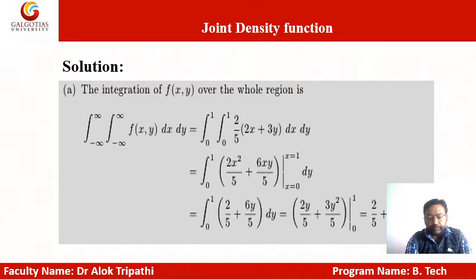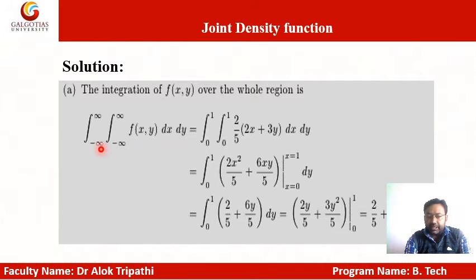So from the definition of the joint probability density function in this example, we first integrate f(x, y) from minus infinity to 0, then 0 to 1, and then 1 to infinity. This is the range for x, and for y we do the same thing.